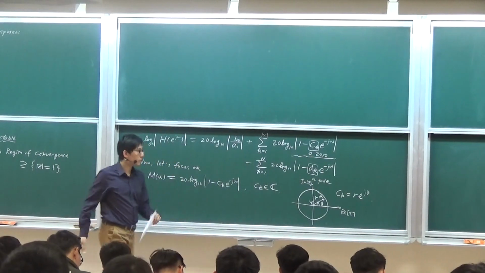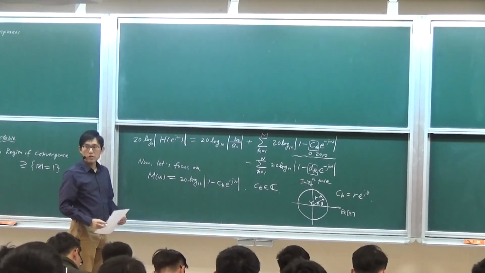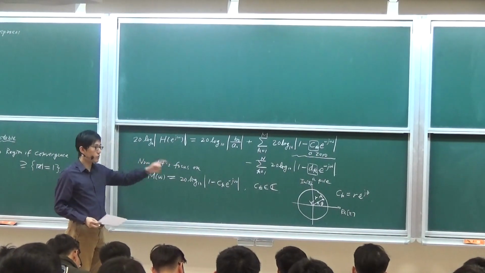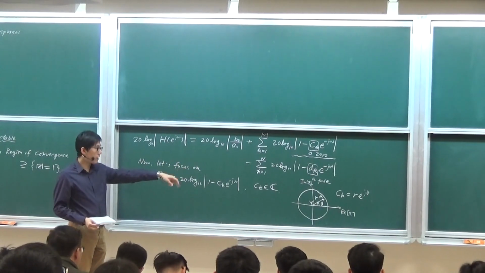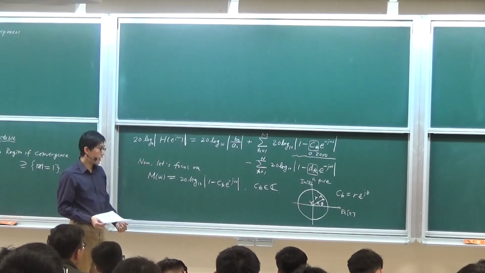All right? For the convenience of discussion, the zero is located at radius r and angle theta.